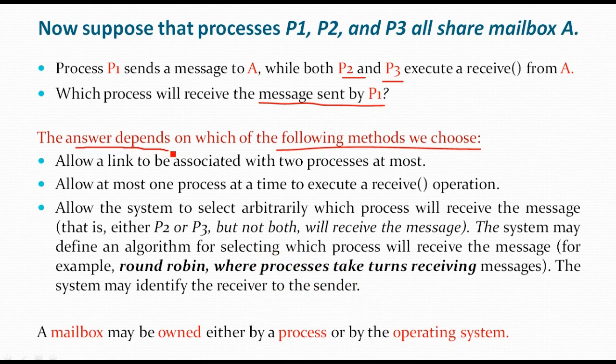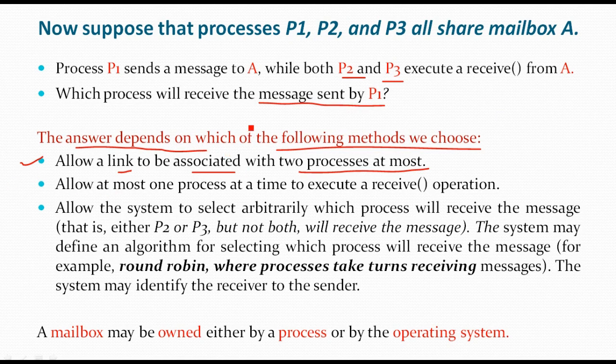The first method is to allow a link to be associated with two processes at most, meaning we can establish a link between P1 and P2 or P1 and P3. This is the first method to answer this question.